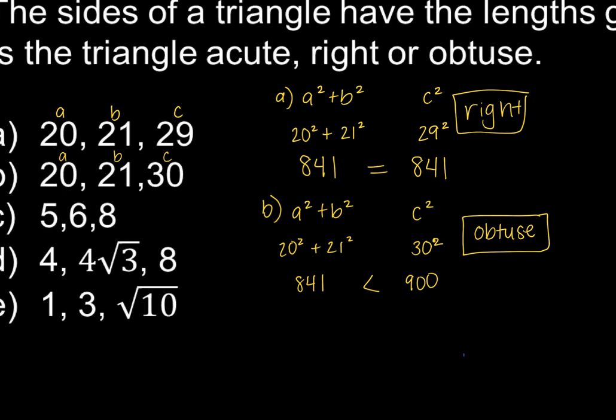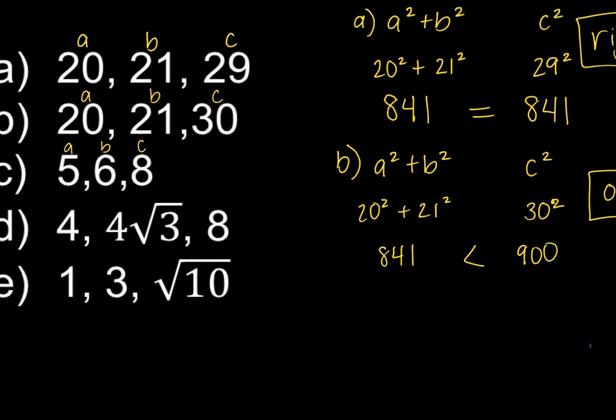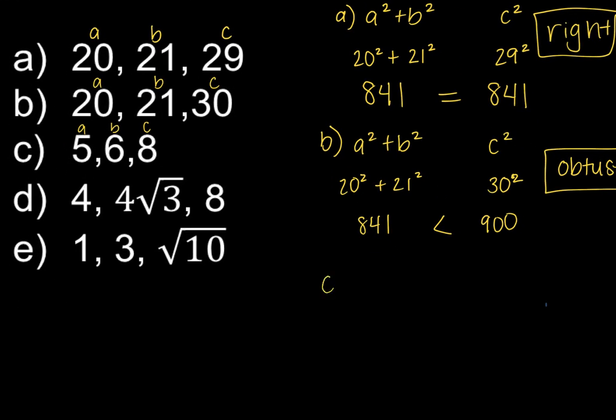All right, let's check out C. For C, we've got 5, 6, and 8. Which one's C? 8. Which one's A? 5. And B? 6. If you made 6 A and 5 B, that would be fine as well. Okay, so for C, we're just going to compare them. We're going to do A squared plus B squared and compare that to C squared.